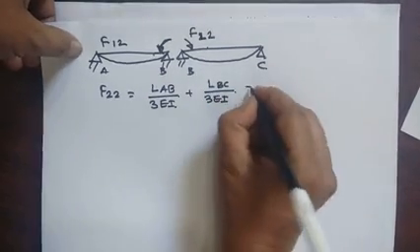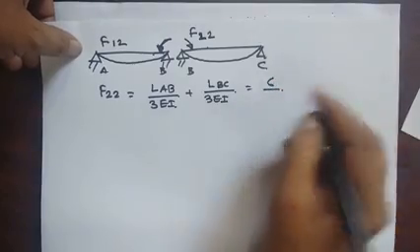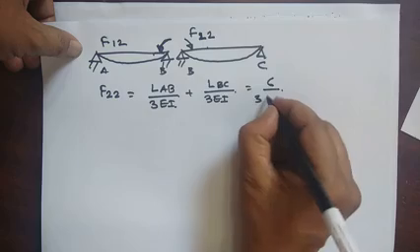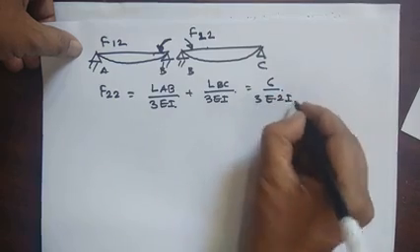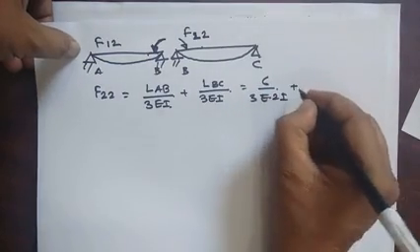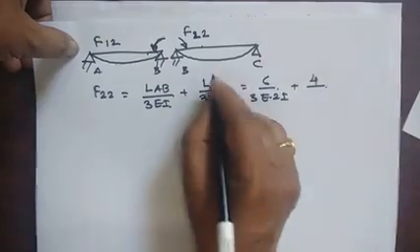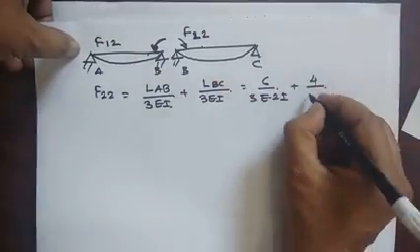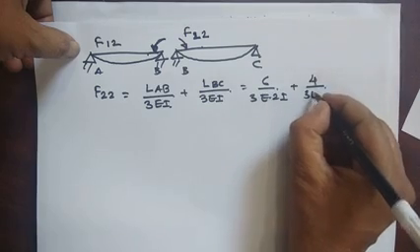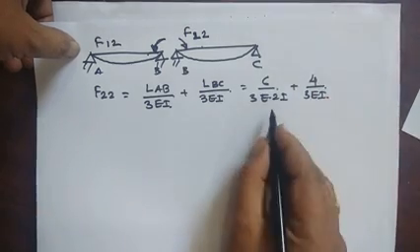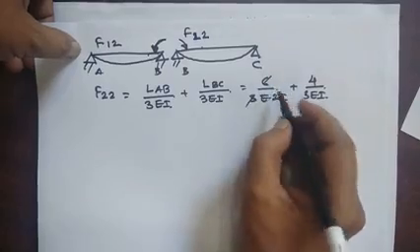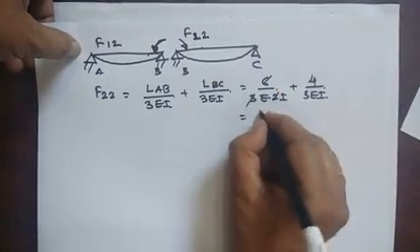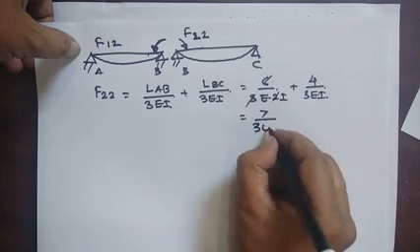So what is here? L is equal to 6. Now 3E, here I is equal to 2I. Then plus L is equal to 4 for BC and 3EI. So this cancels out 1. So this becomes the 7 by 3EI.